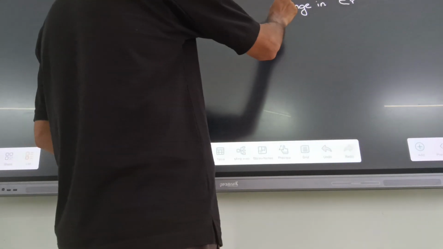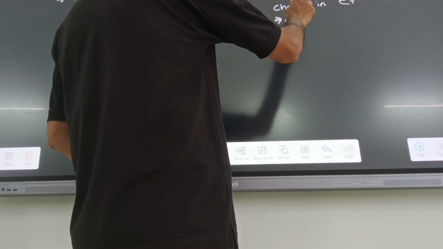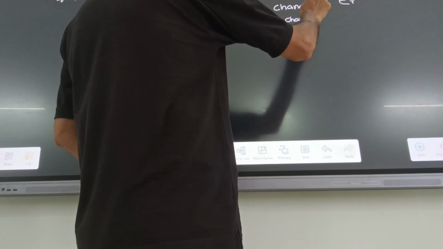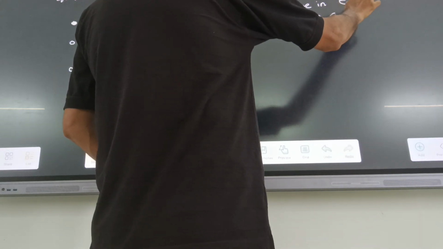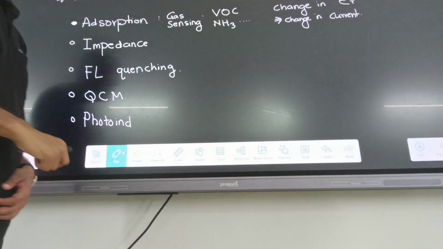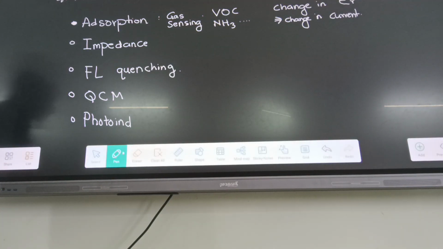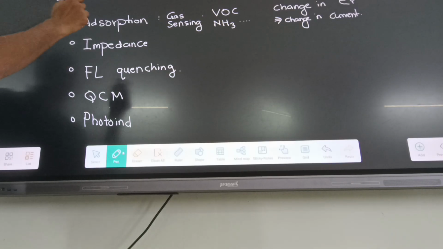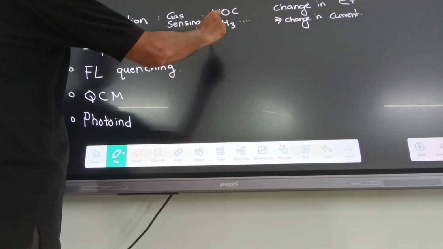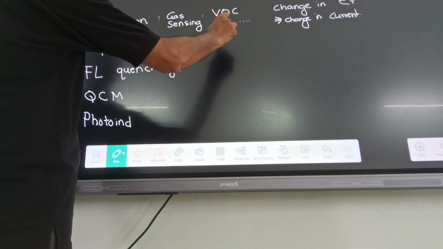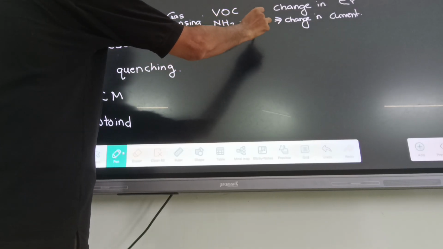So there is a change in current. जैसे absorb हो जाता है gas in the metal organic framework, change in dielectric constant, and there is a change in current. So from that they can sense which type of gas is there. Impedance भी वही है. There can be change in resistance delta Z, or change in current, or change in voltage.